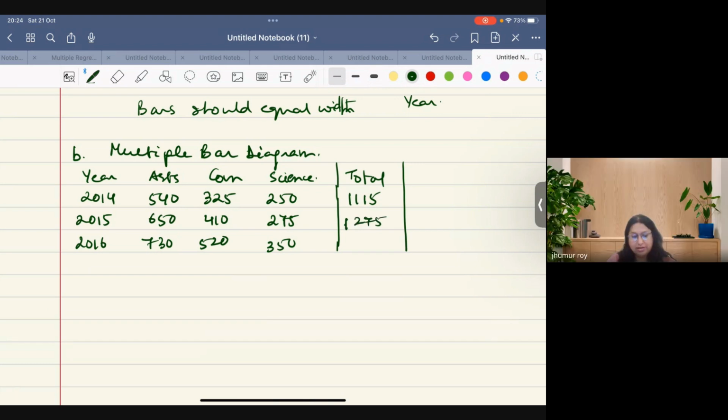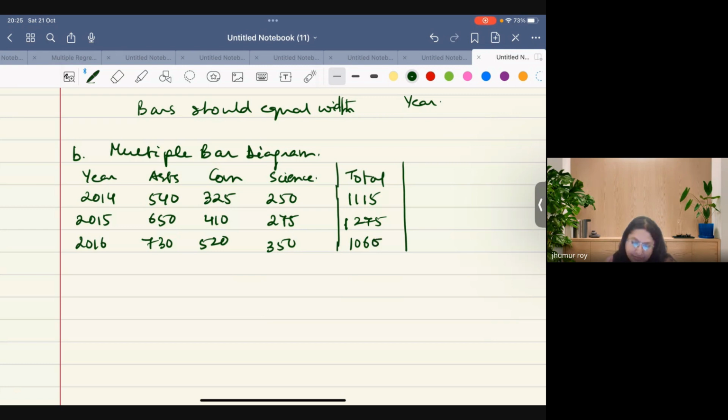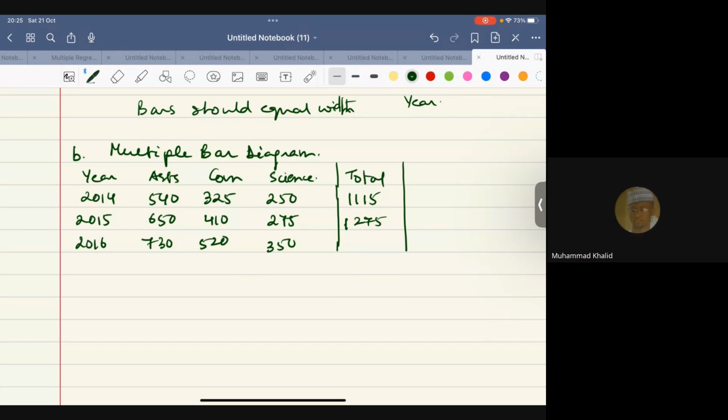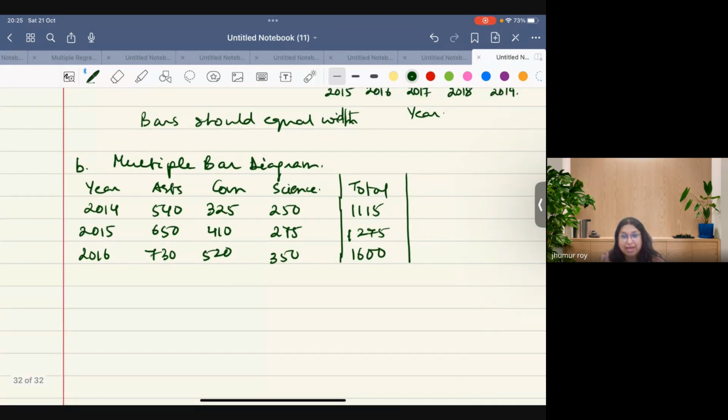What about the third one? For 2016, it is 1,600. Now I will be dealing with two diagrams over here.